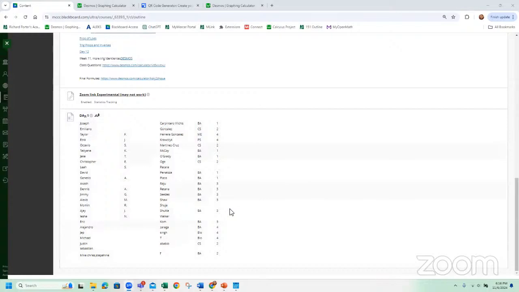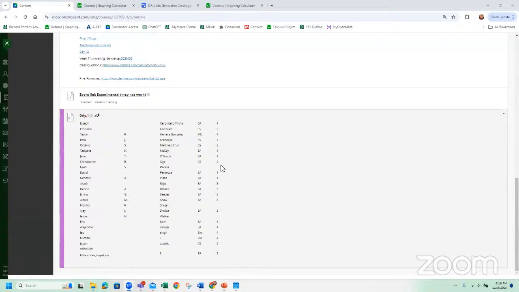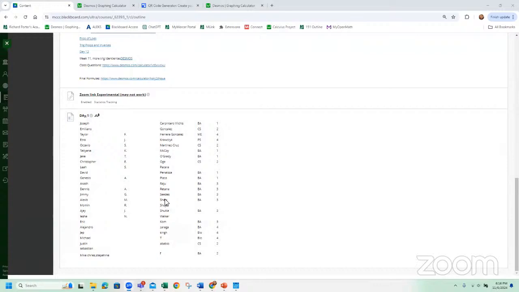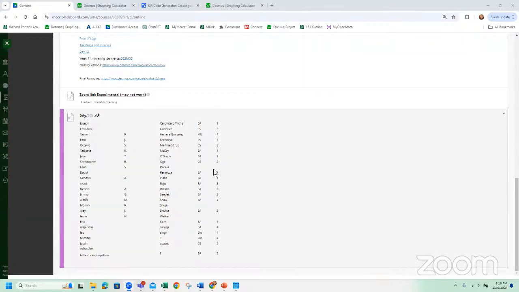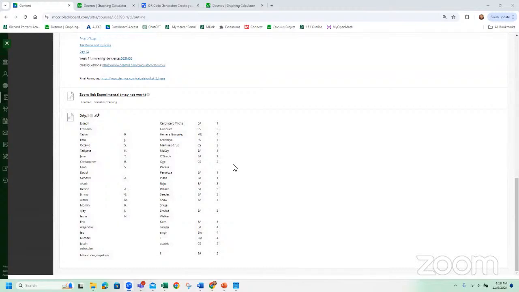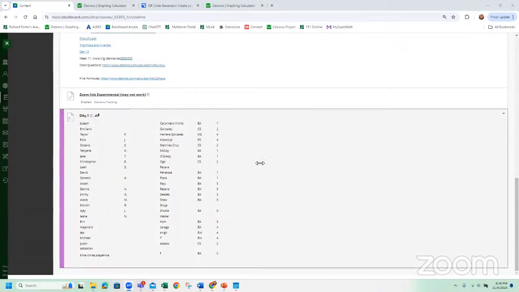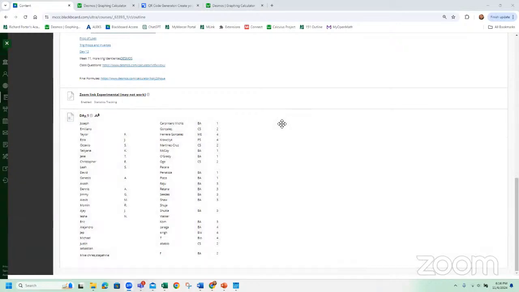Go for it. I'll move you in there. Alexis, are you also in room 3? I think so. David, I think, is in room 1. He's a business group, into room 1. Dennis R is in room 3.